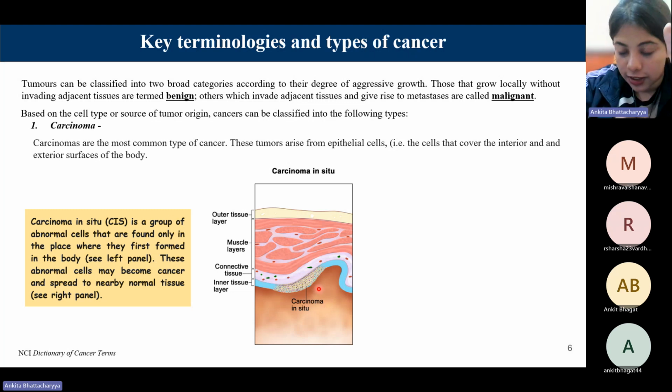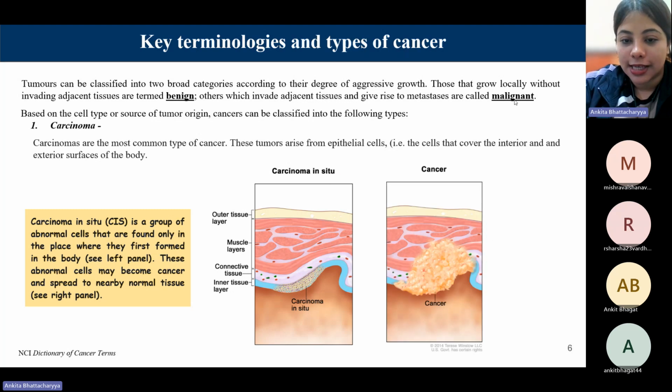They have not invaded, they have not moved into other parts of the body, and they are just localized at that position. This is a carcinoma in situ, whereas this is a condition where it is cancer, and you can see that it has invaded the inner tissue, connective tissue, and the muscle layer.